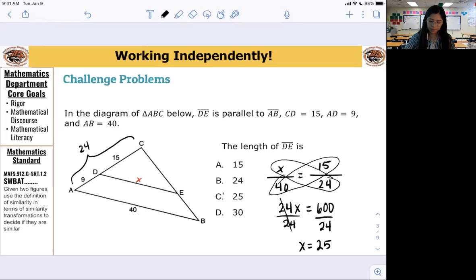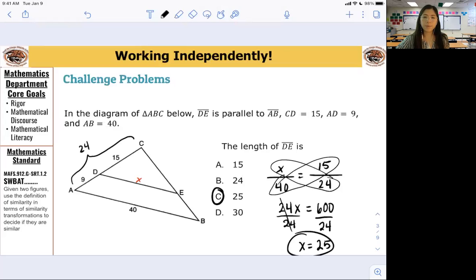Good, 25. So that's how we got answer choice C. So with these problems, they will try to trick you because you really have to make sure that if you're talking about that whole side length, you got to add up these two numbers. Any questions on this one?